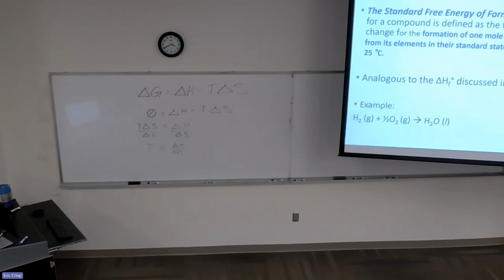Okay, good, which could be your overall math for it. Delta G of the reaction equals delta G of the products minus reactants. All right, cool.